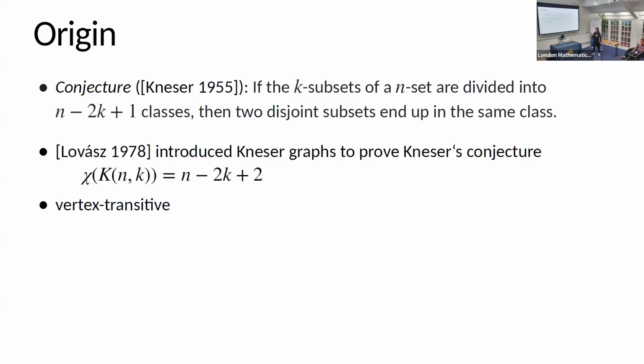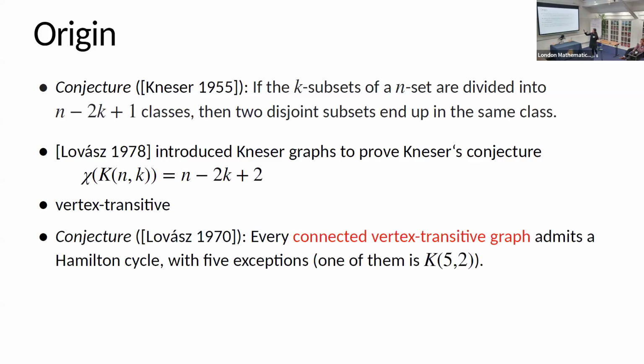These graphs are also vertex transitive, meaning, informally speaking, the graph looks the same from the point of view of every vertex. And for vertex transitive graphs, Lovász already had a conjecture, that every connected vertex transitive graph admits a Hamilton cycle. And there are just 5 known exceptions so far.